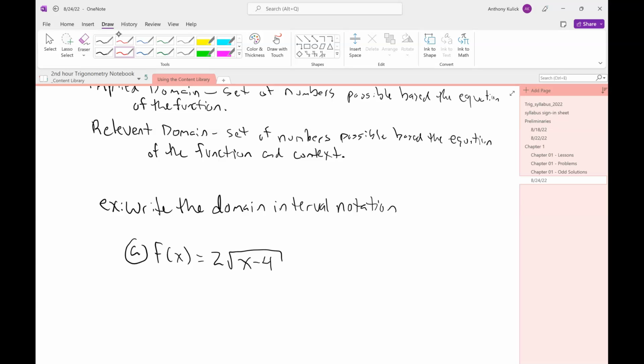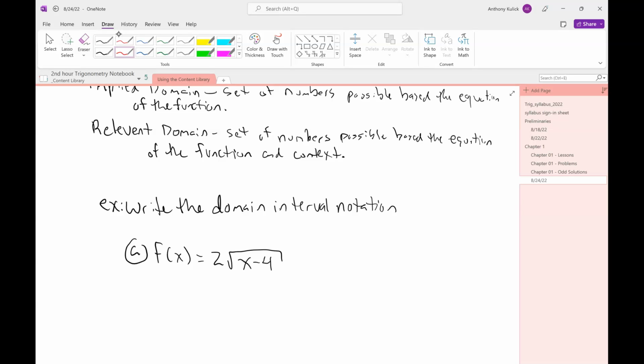So here we're given an equation with no context, right? So all we're going to be able to find is an implied domain, which is the easier kind, or the less we have to worry about, because all we have to do is worry about the equation. So when we're looking for a domain of a function just based on its equation, you want to ask yourself, where is this function undefined?